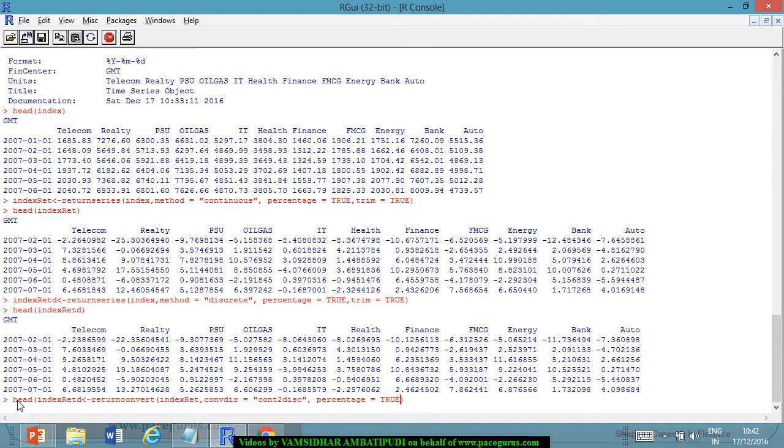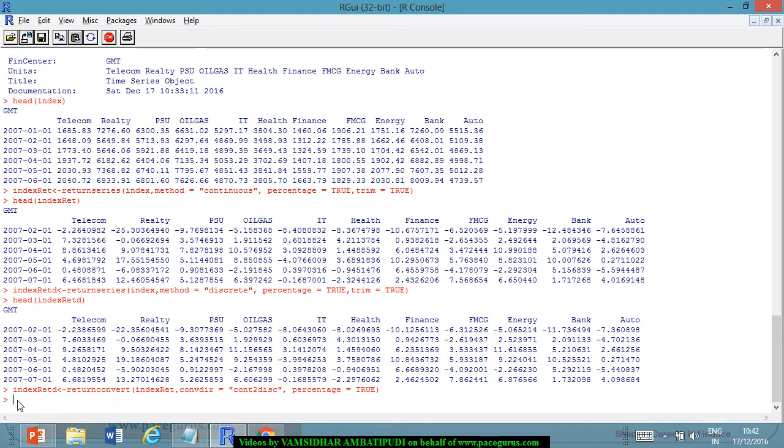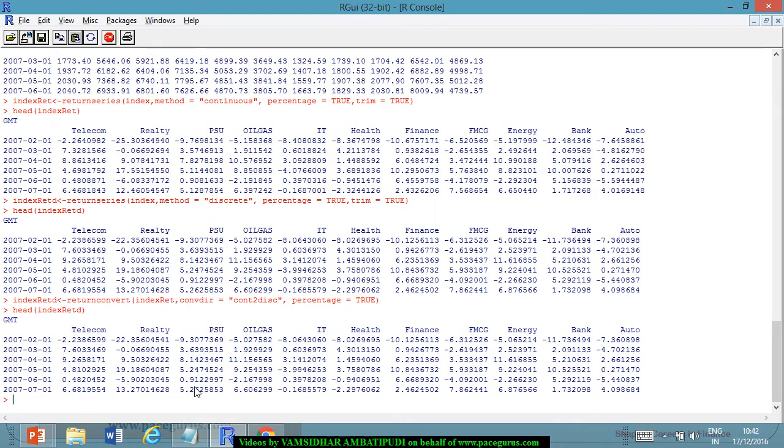First let me get this, then take it into the same variable index ret D, and I'll take the head again with index ret D to really compare whether the values are more or less the same or not. You could see here we have computed the original index ret D using this return series function, and then we have computed the same using the conversion from continuous to discrete. The values are more or less the same across.